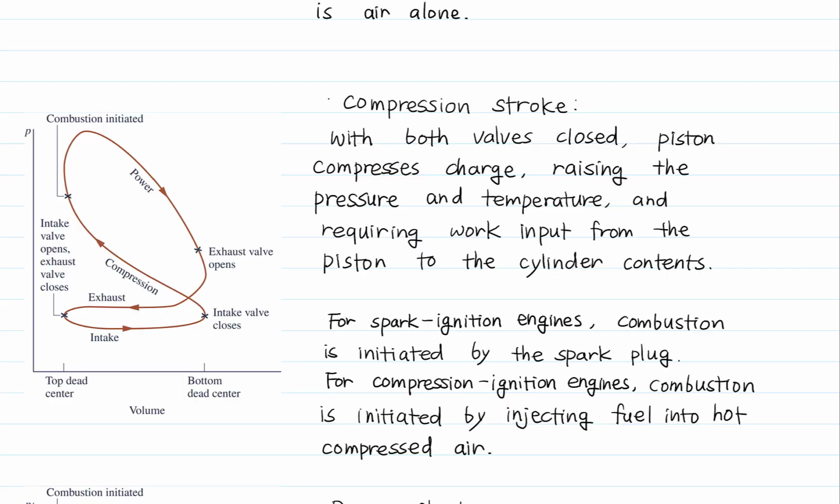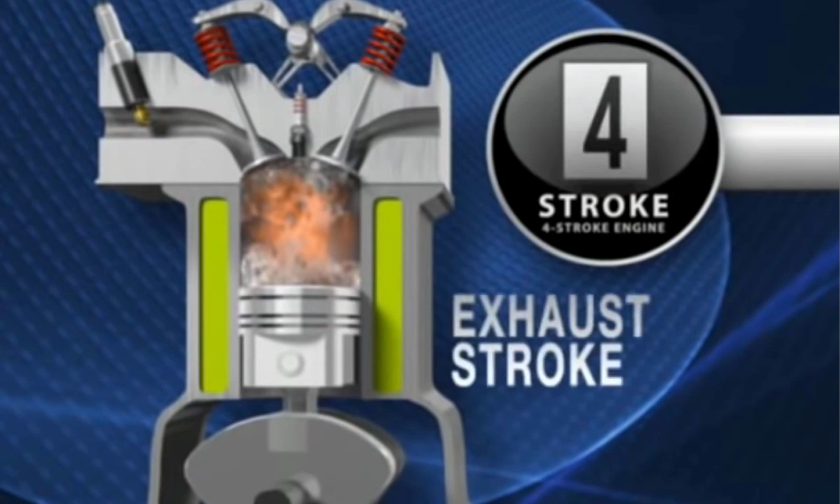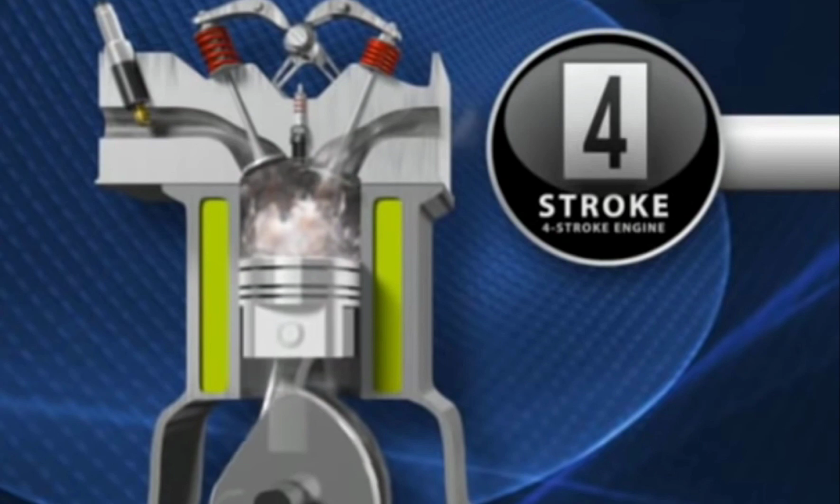For compression ignition engines, this is when the fuel is injected and the combustion takes place. The piston returns to the BDC. Exhaust stroke. The exhaust valve is open. The combustion products are exhausted.